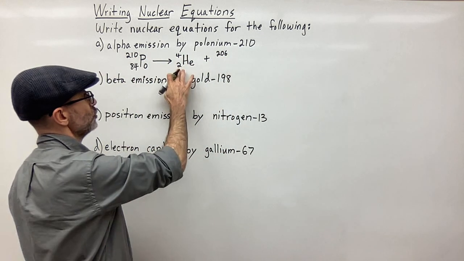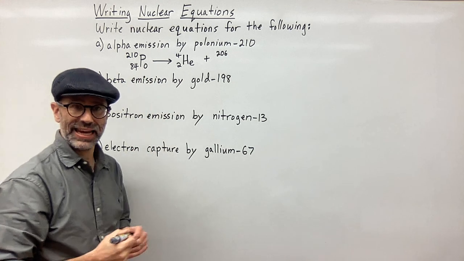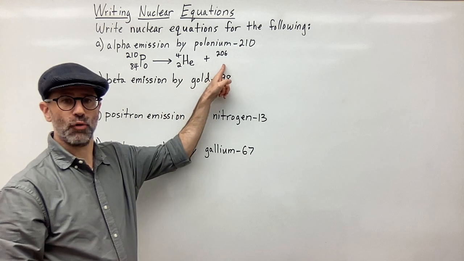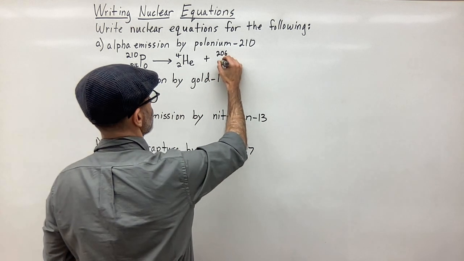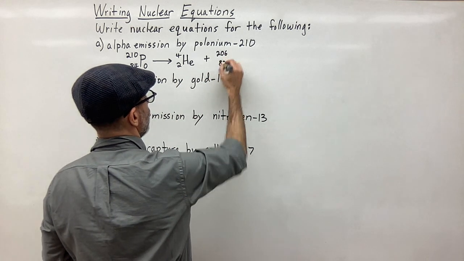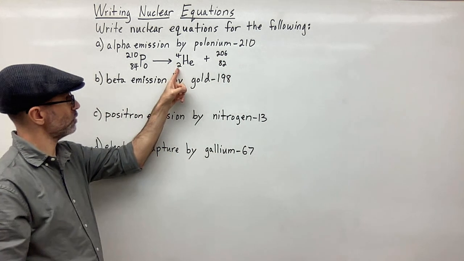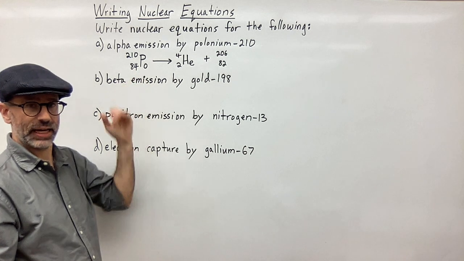Here we have 2. The total bottom number is 84. So 2 plus what gives us 84? 82. So 82 is going to be our bottom number. Again, you can get that by taking the 2 here and subtracting it from the total on this side, 84, and you get 82.